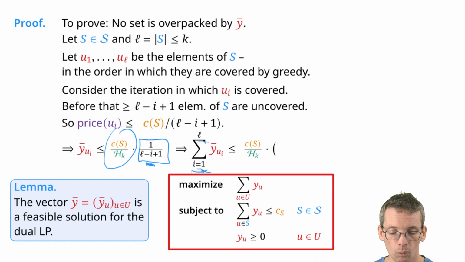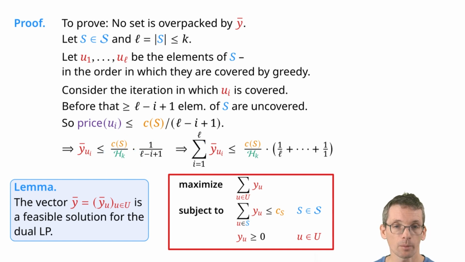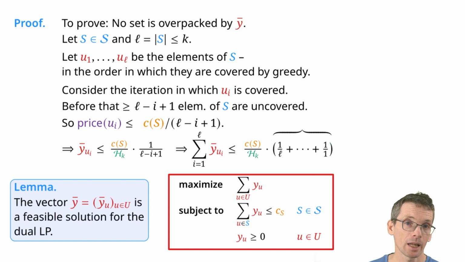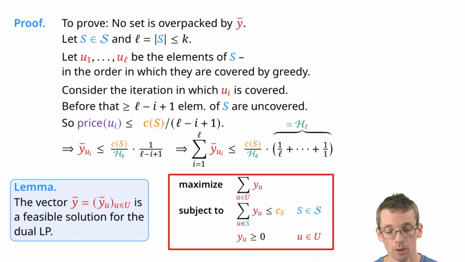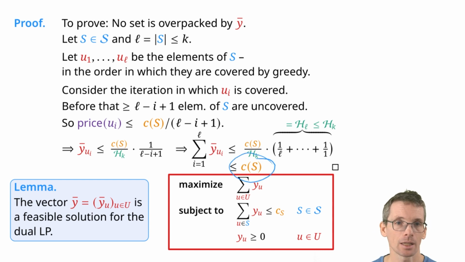If I plug in 1, I get here l minus 1 plus 1, so l, so 1 divided by l. So overall, I get the sum of 1 divided by l plus 1 divided by l minus 1, and so on, down to 1 divided by 1. And this obviously simply is the l-th harmonic number. And since l is smaller equal k, this is bounded by the k-th harmonic number. So overall, I can bound this simply by c_S.